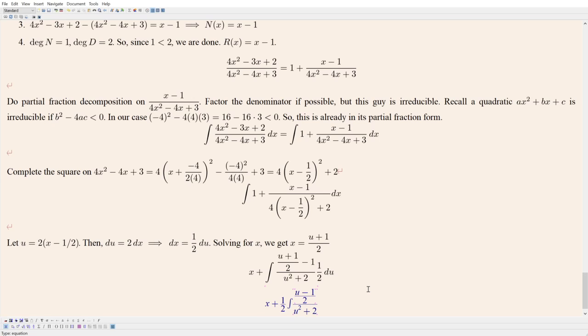And then this over 2 here, let's just pull that out front as well. This is just going to be another factor of 1/2 that we can pull out, to make that 1/4.